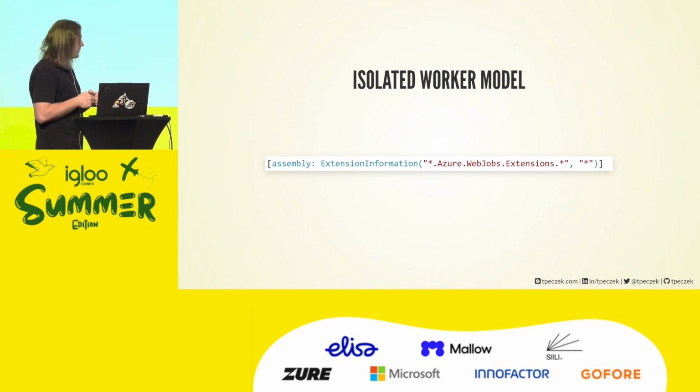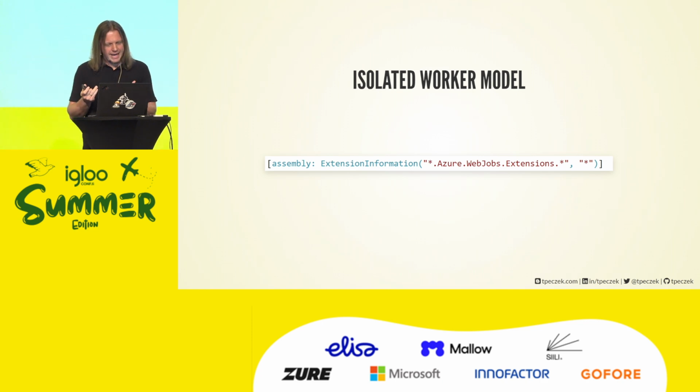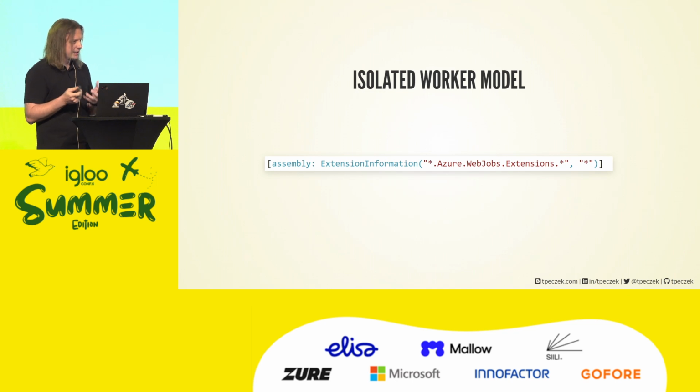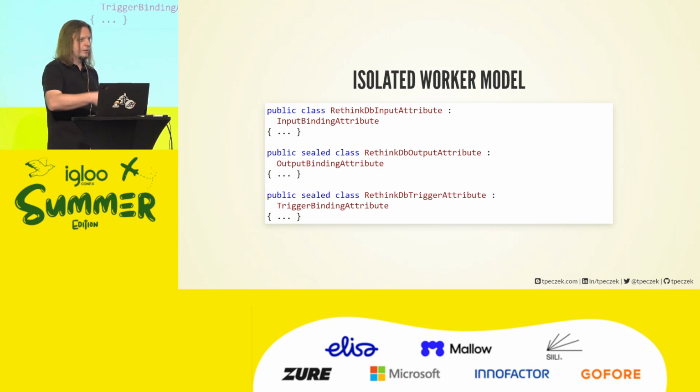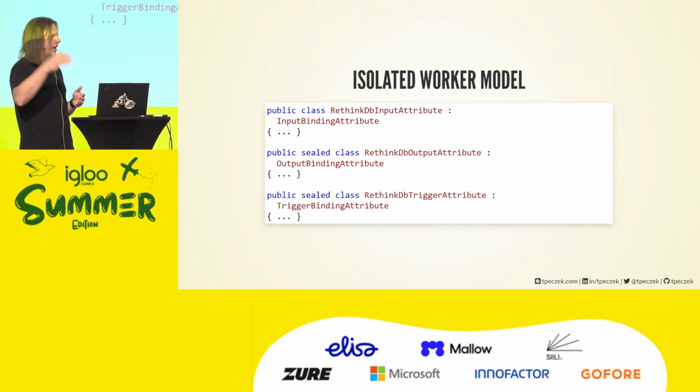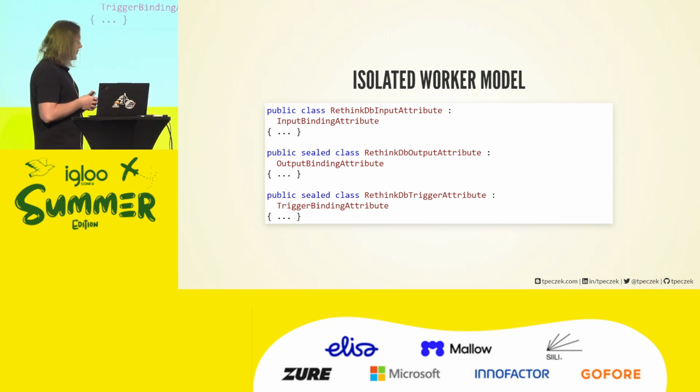On top of that, there needs to be a mechanic to get in those definitions we have on our functions. In case of .NET, new attributes. In case of other languages, those annotations in Java, those definitions in functions.json.